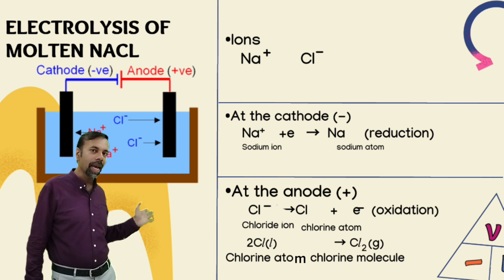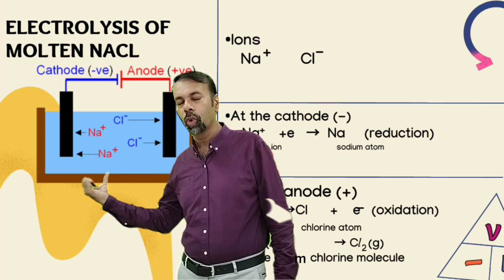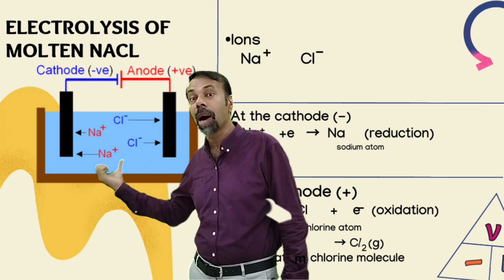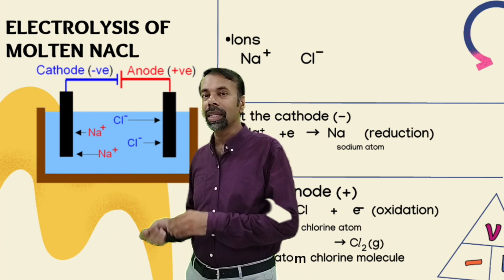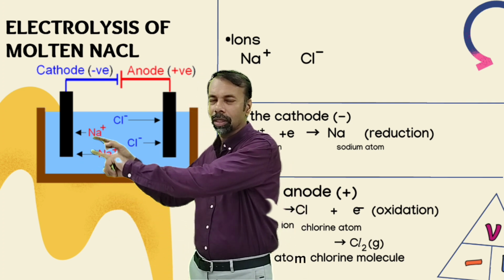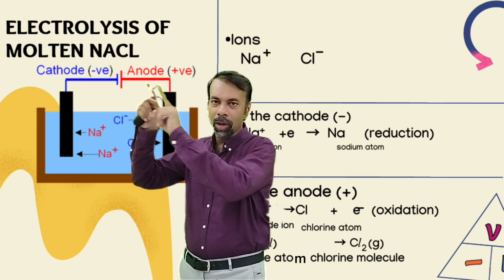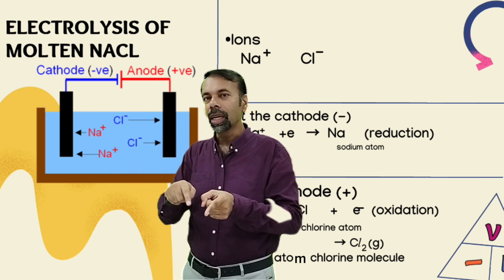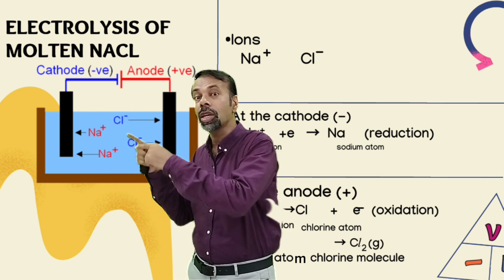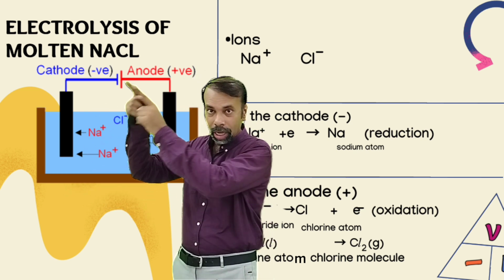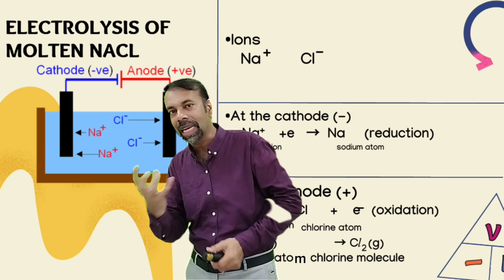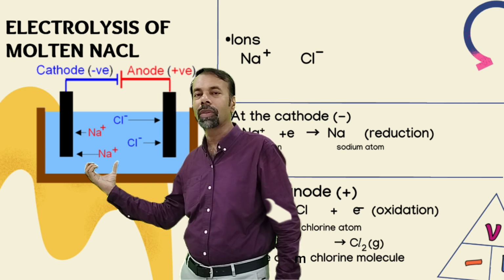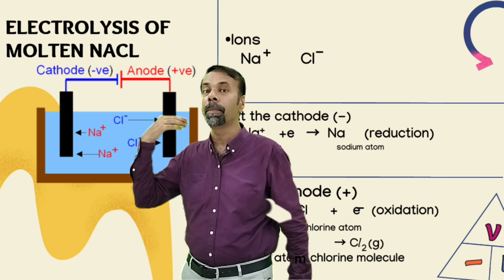On the other hand, the cathode will receive sodium ions, positively charged ions, and they will receive the electrons which are traveling from the anode toward the cathode through the wire. The electrons which are lost by chloride ions travel toward the cathode, and over there those electrons are received by sodium, and the sodium ion will convert into sodium metal.